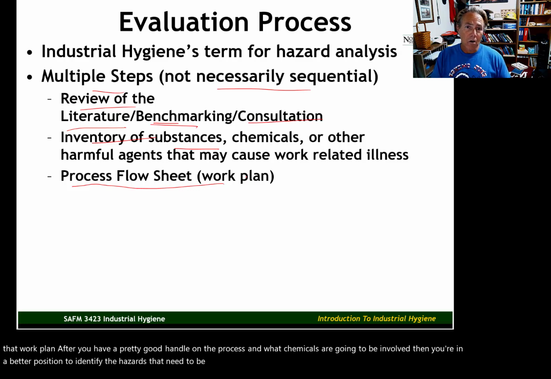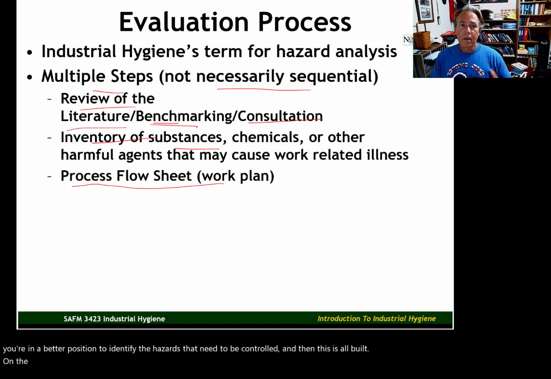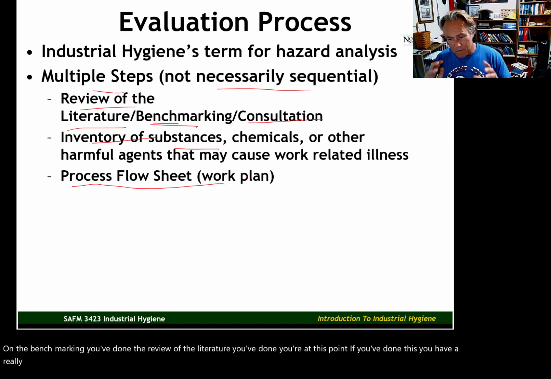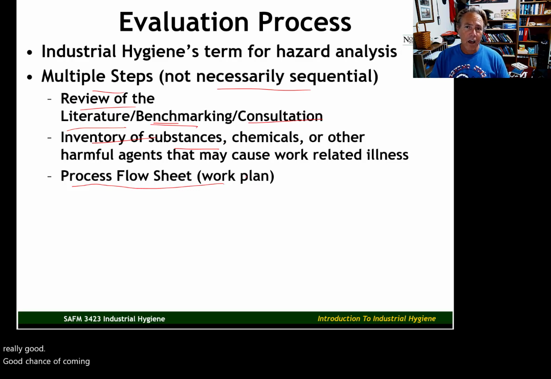And then this is all built upon the benchmarking you've done, the review of the literature you've done. If you've done this, you have a really good chance of coming up with a quality evaluation of the workplace, and we're talking about evaluation of industrial hygiene types of hazards.